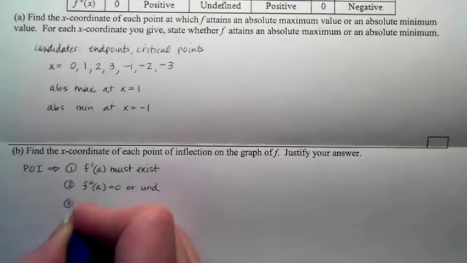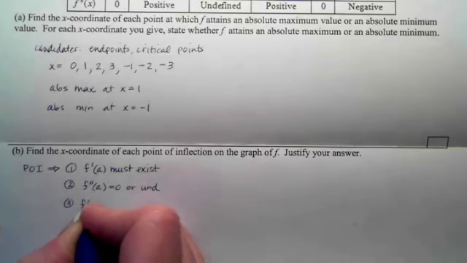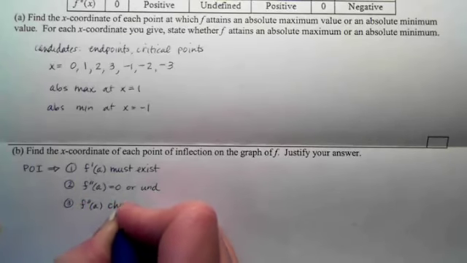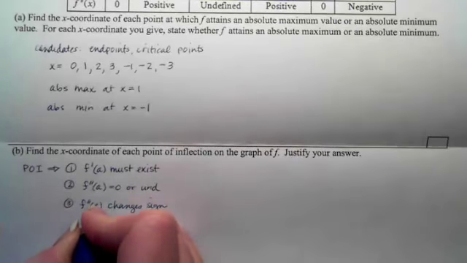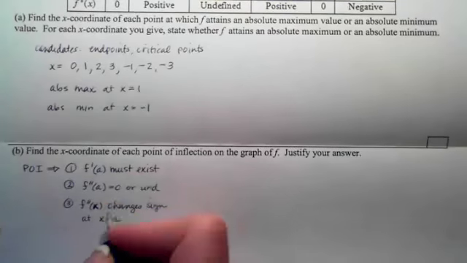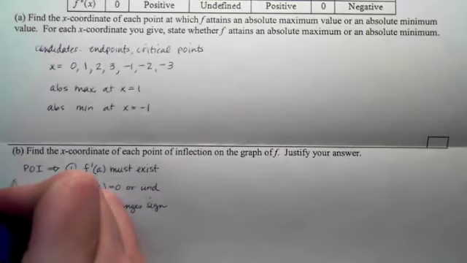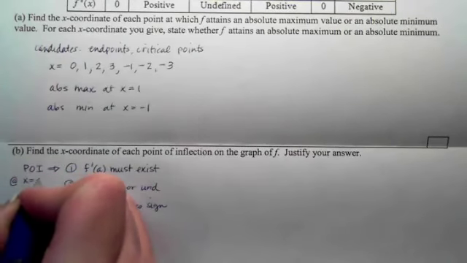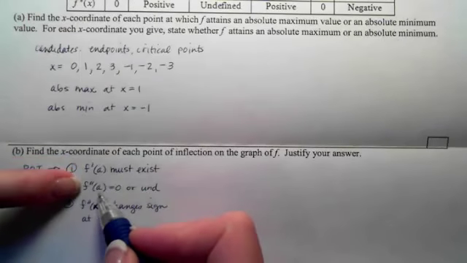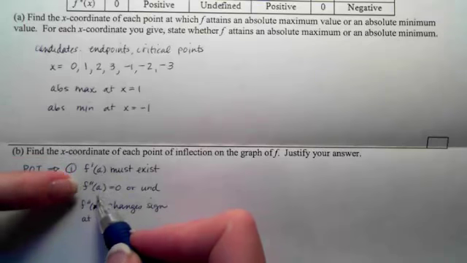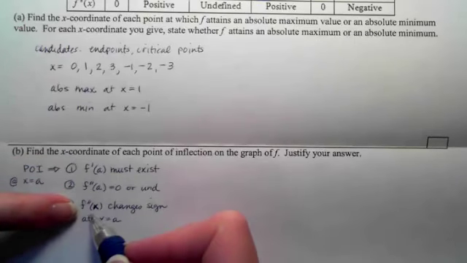The third thing is that f double prime of x changes sign at x equals A. So if you have these 3 conditions, then you'll have a point of inflection at x equals A. So we're looking for f prime existing, f double prime being 0 or undefined, and f double prime changing sign.